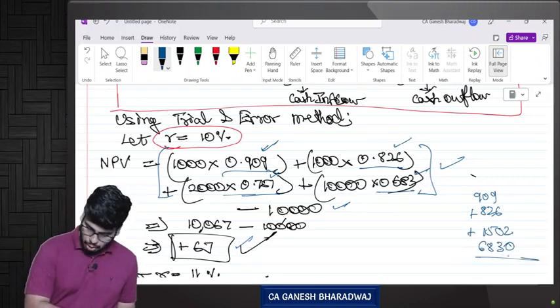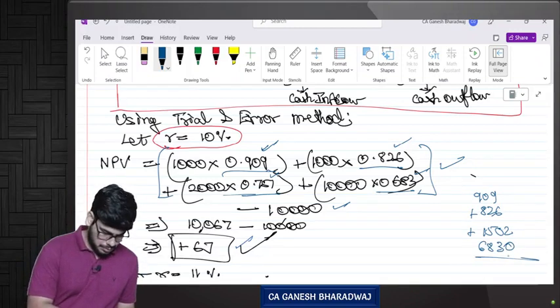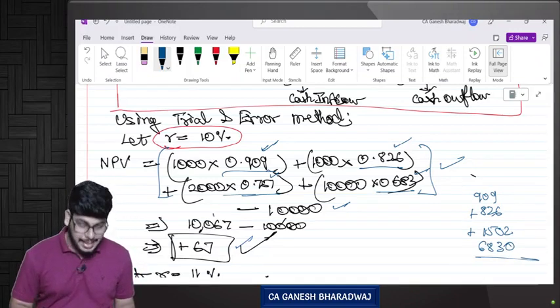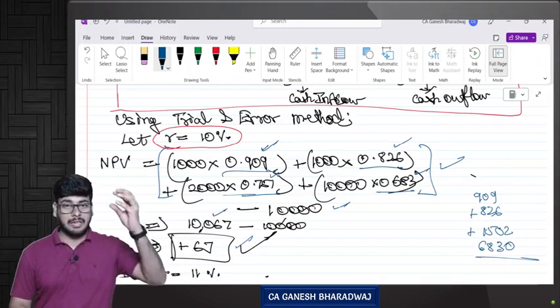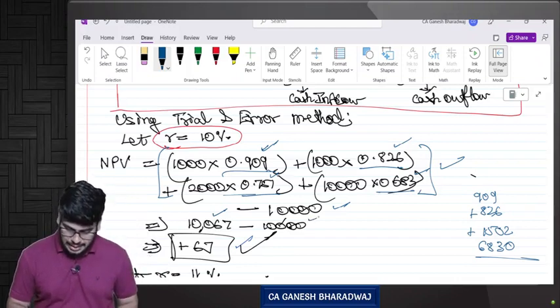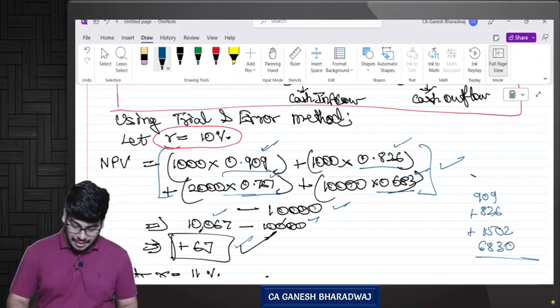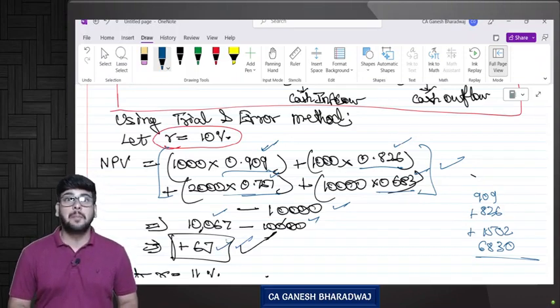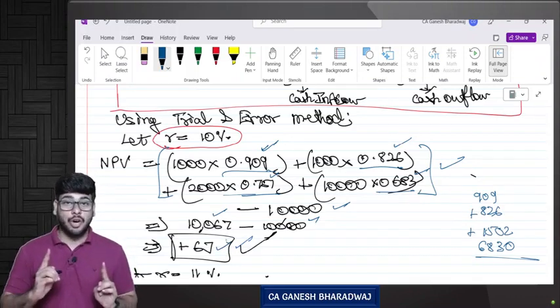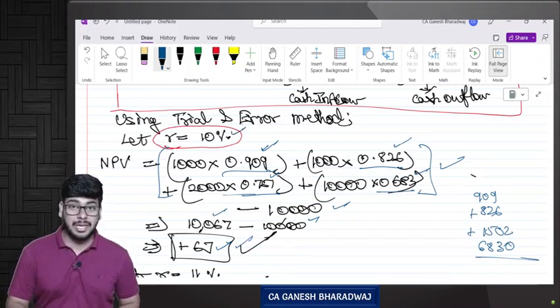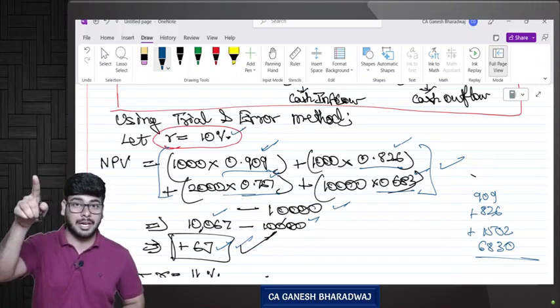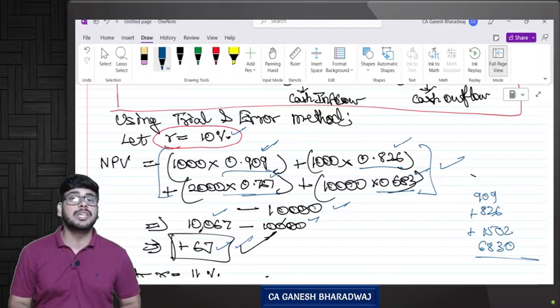So add up all these things. How much do you get? You get 10,067. This is the present value of cash inflows, and the present value of cash outflow is 10,000. So you arrive at NPV equal to plus 67. Correct?